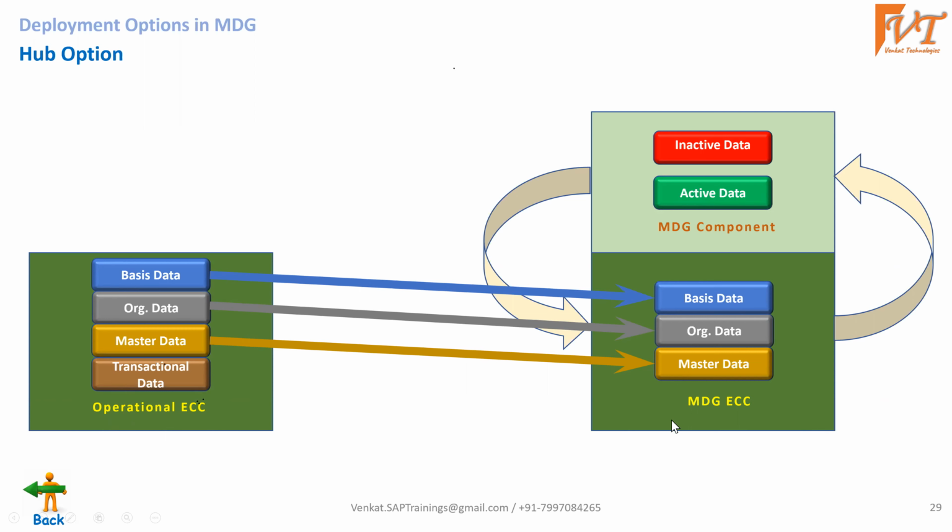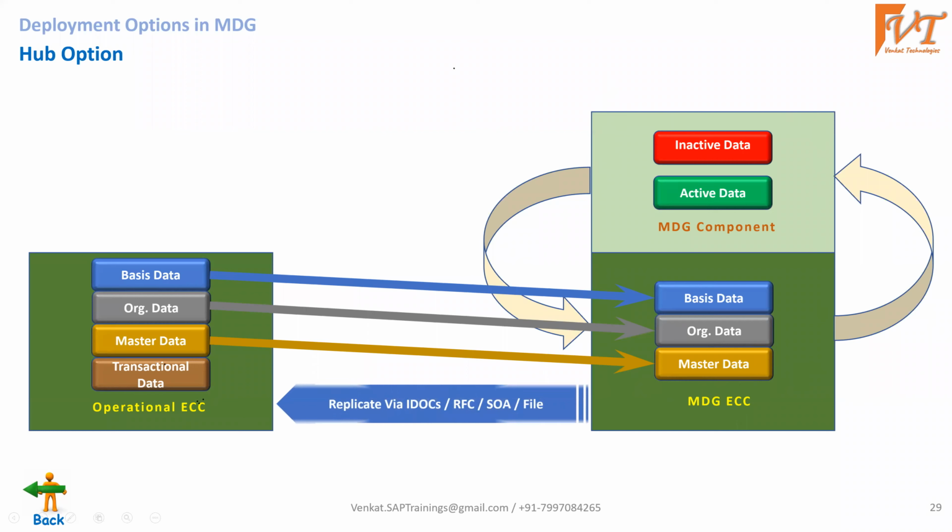We have a separate MDG box where we maintain all the master data. If you notice, there is no transactional data here. Transactional data is here, that's why it is the transactional system. Here it is responsible only for maintaining the master data. So this is not accessible by the end users to have their transactions. This is only for maintaining the master data.